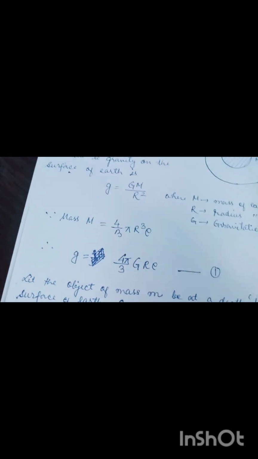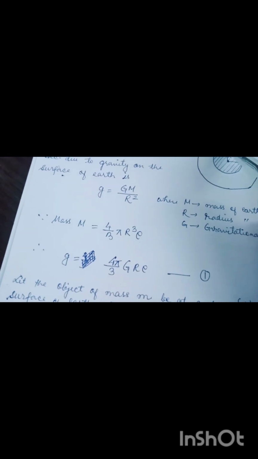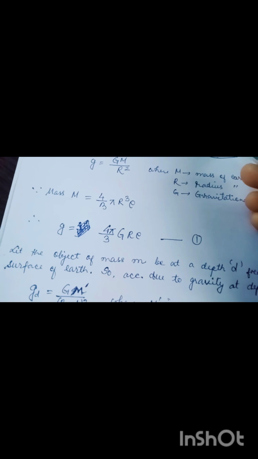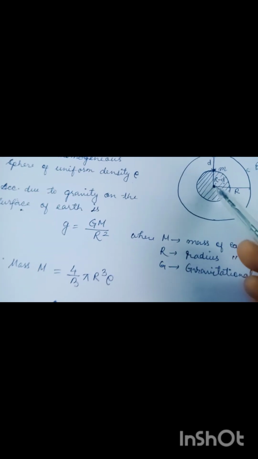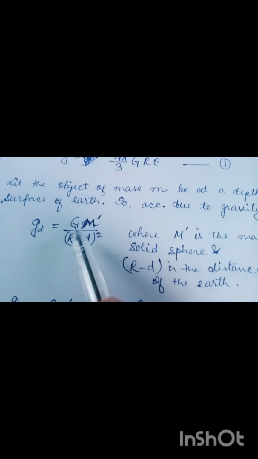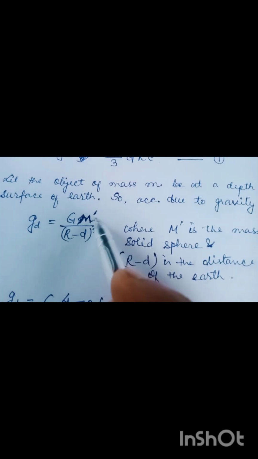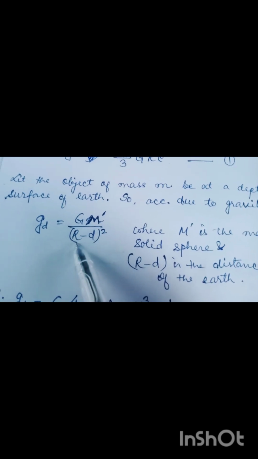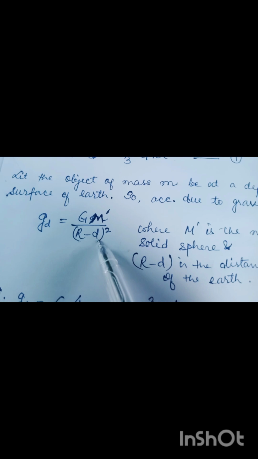Let the object be at depth d. So there is a decrease in the radius by d. At depth d, the acceleration due to gravity expression will be G m prime by (r minus d) whole square. So r is substituted by the separation r minus d, and m prime is the mass of the inner solid sphere.